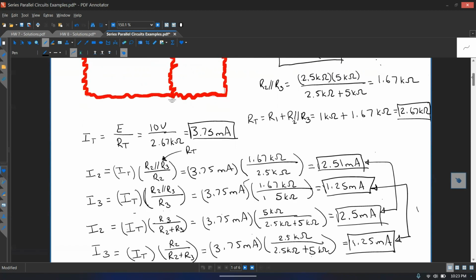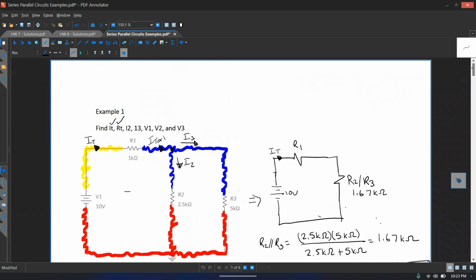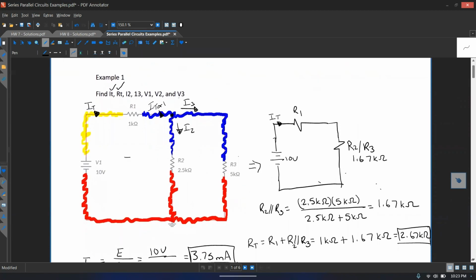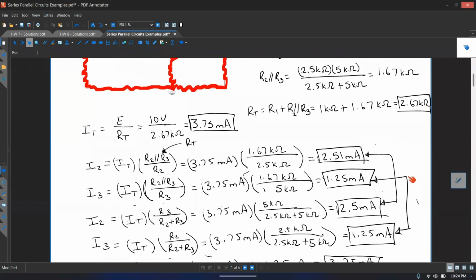In this case, we have a parallel series combination. So if we want to apply a current divider, we only need to apply it to the parallel resistors, not the total resistors. Like I said before, we were only dealing with parallel resistors, so the R total was us just adding the resistors in parallel.